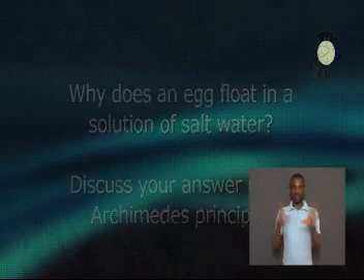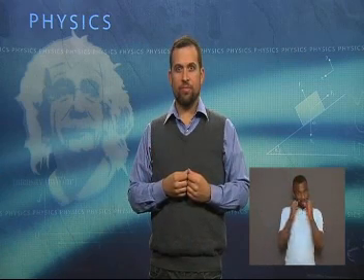Time's up. Let's get back to our lesson. Welcome back, everyone. Were you able to answer the question? You have learned that in order to float, an object must have a density less than the density of the fluid.